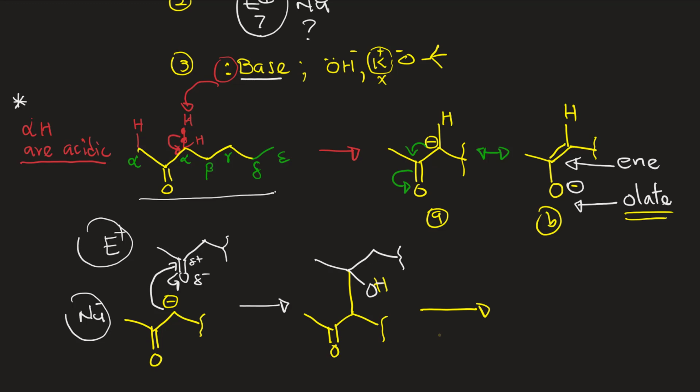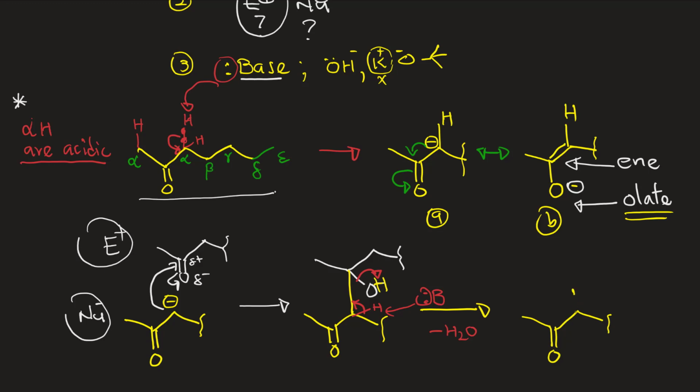Now the olate is always going to catch a proton if there is availability, or it's going to sit with the cation. Now we have the aldol. You see the aldehyde functionality, the carbonyl there, and the ol there. Now we have more base, and it's going to attack this alpha hydrogen again, take it out, and kick out the OH minus.